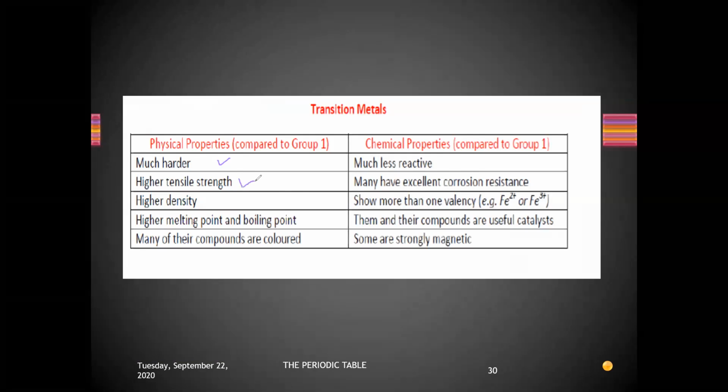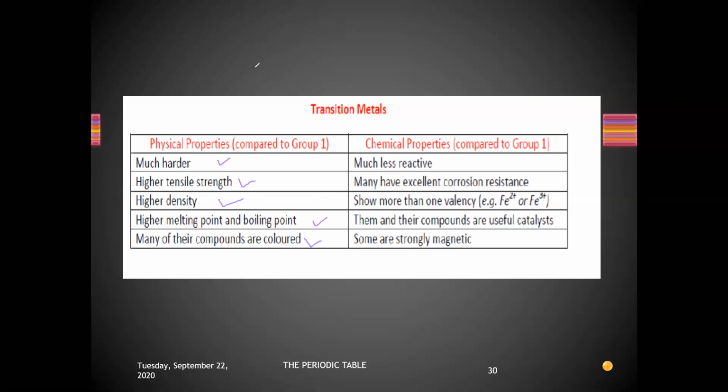They have high tensile strength, which means you need a greater amount of force to break them. They have high density, high boiling and melting points, and many of their compounds are colored. So they form colored compounds. This is also a characteristic of the transition elements.